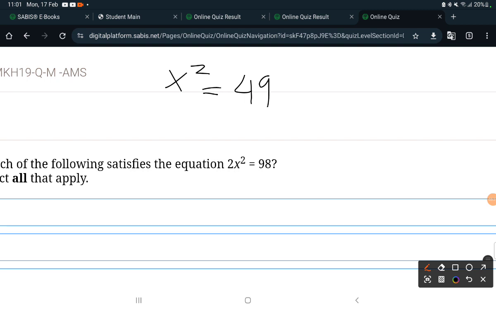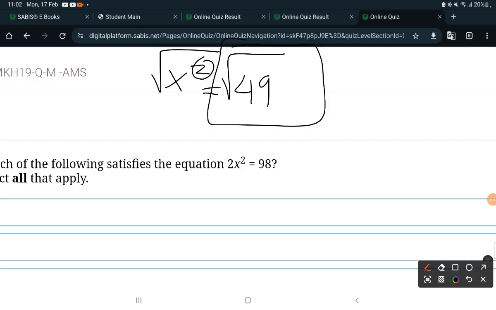Now to get rid of this squared sign, we need to apply a radical, and to keep both sides equal, we need to also apply a radical on the other side. But the radical on this side is going to be different. It's going to have a plus, and then under it a minus.